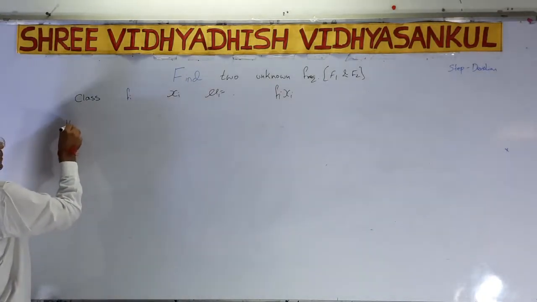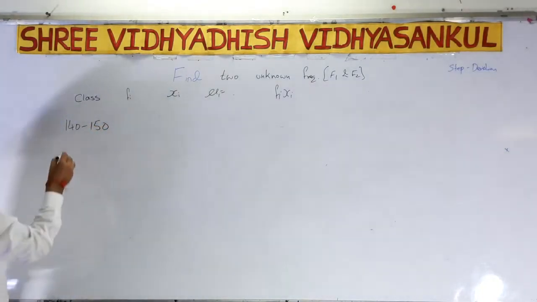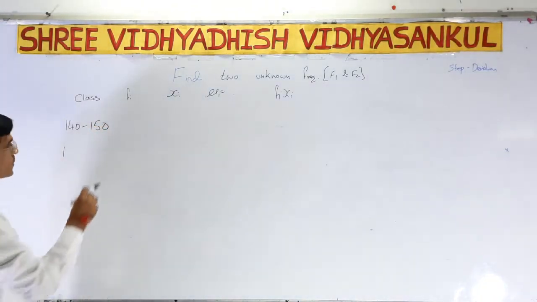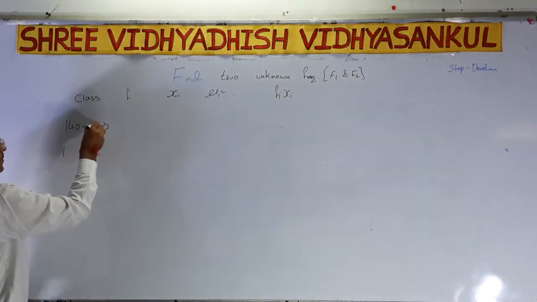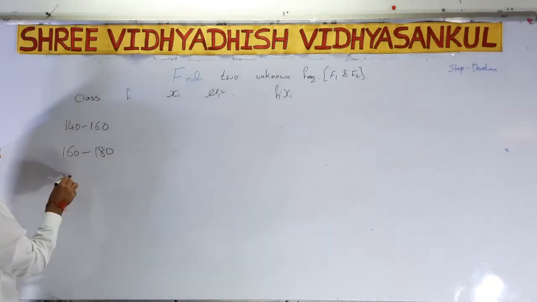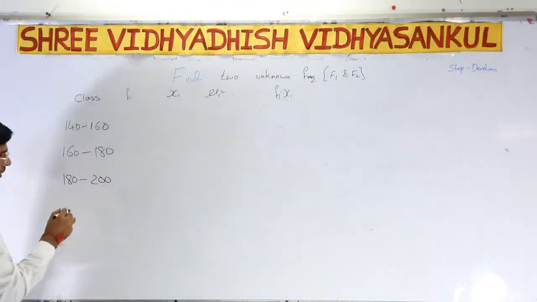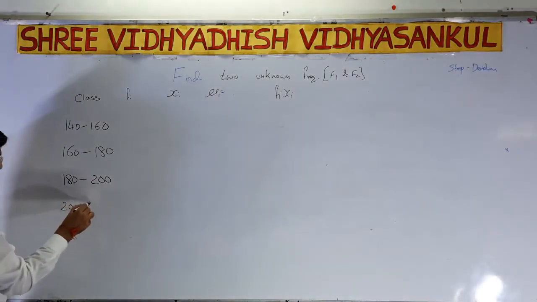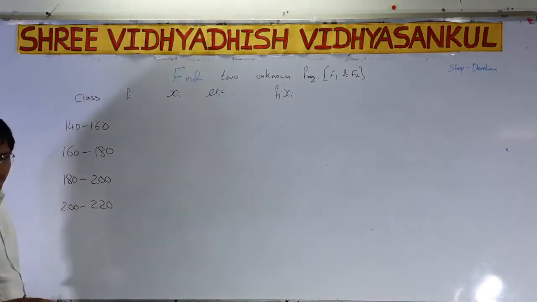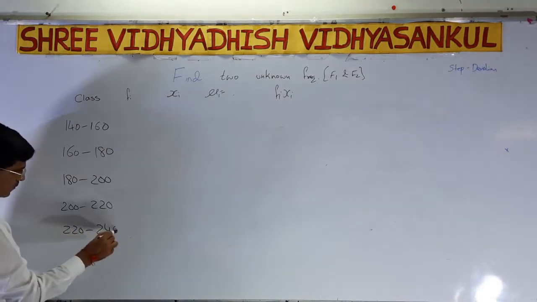The classes are 140 to 150, then 160 to 180, 180 to 200, 200 to 220 and 220 to 240.